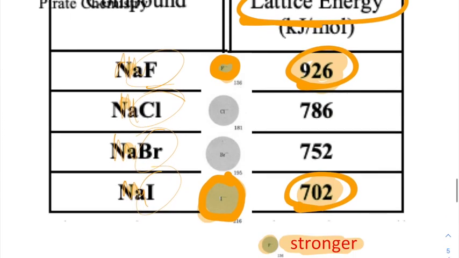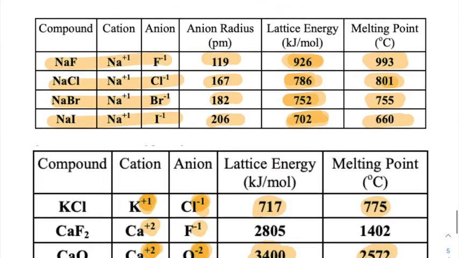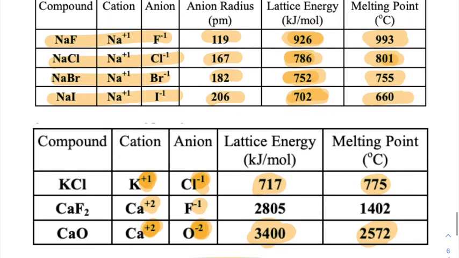And then the size: smaller ion, stronger crystal; bigger ion, weaker crystal. And the melting point goes right along with lattice energy hand in hand. If you've got a weak lattice energy, you've got a low melting point. If you've got a big lattice energy, you've got a high melting point. And that is crystal lattices.